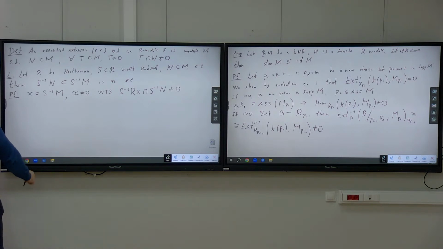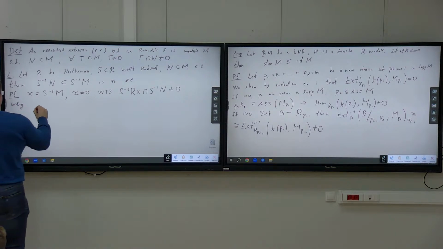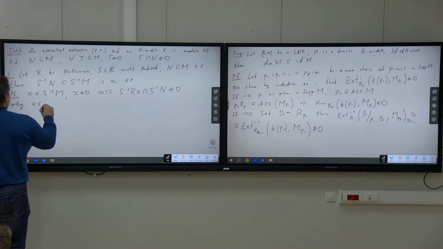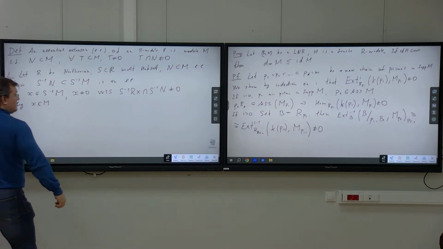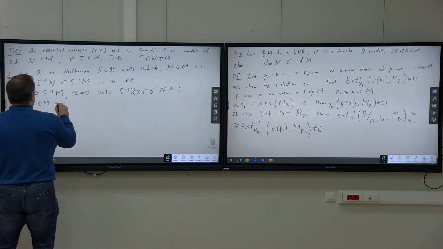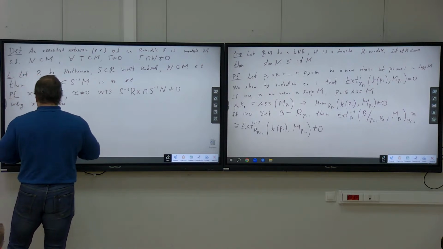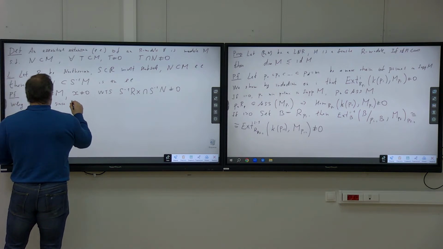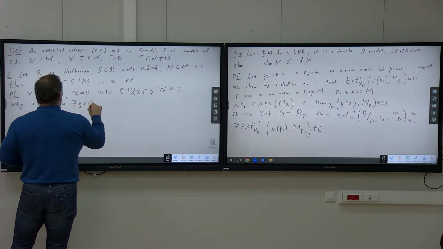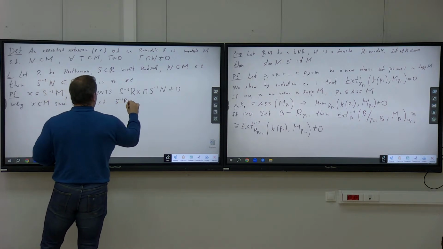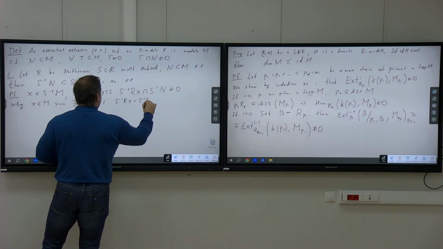Okay, so this is the goal. Well, first of all, two reductions. First reduction is that without loss of generality, I can assume that this x that I consider is not in the localization of M, but in M itself. Since I'm just interested in this intersection, for any x which is in the localization of the module, I can find y in M such that the localization of Rx is the same as the localization of Ry.